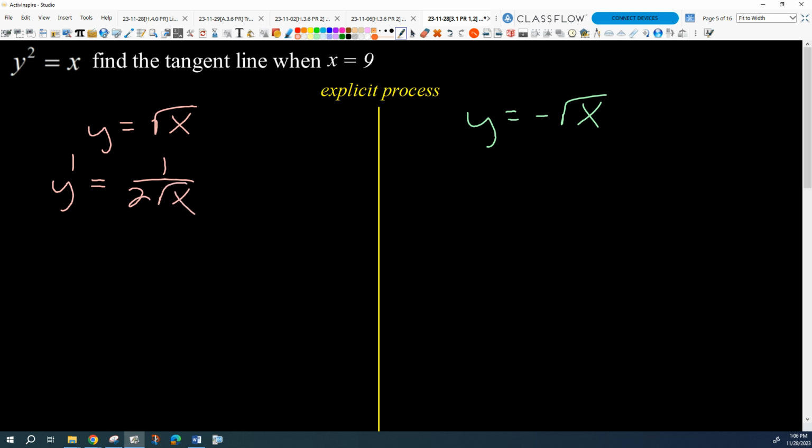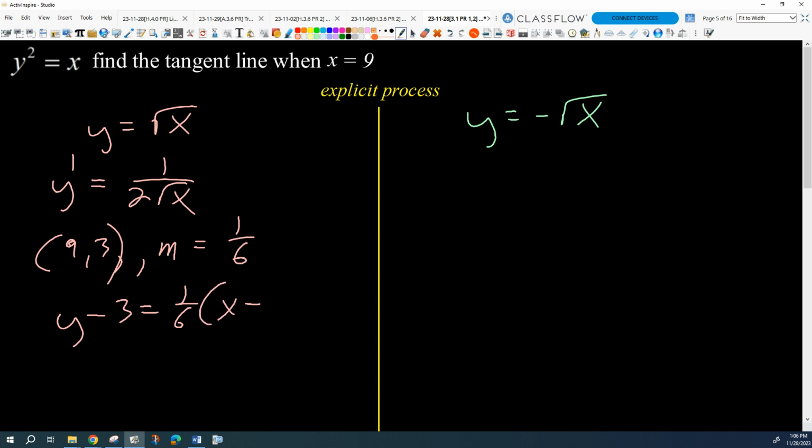And we ended up with the point 9, 3, m equals 1/6. And so we got the line y minus 3 equals 1/6 times the quantity x minus 9.